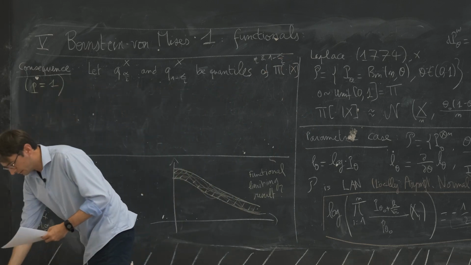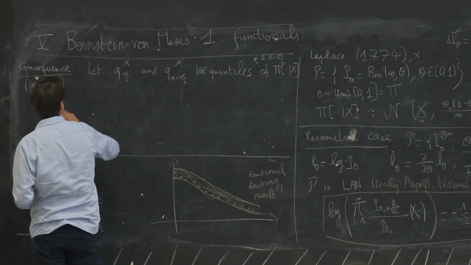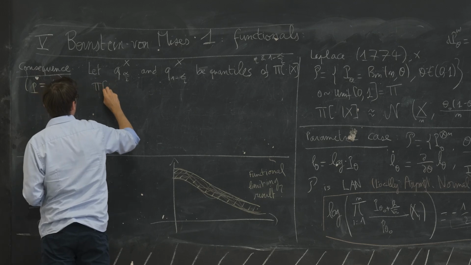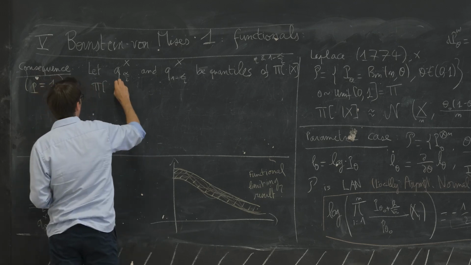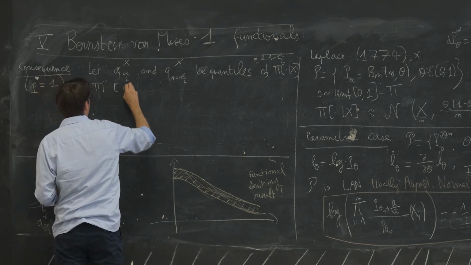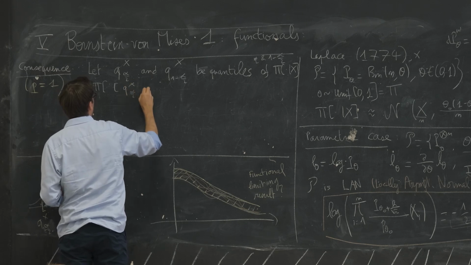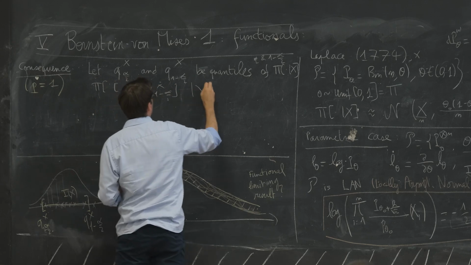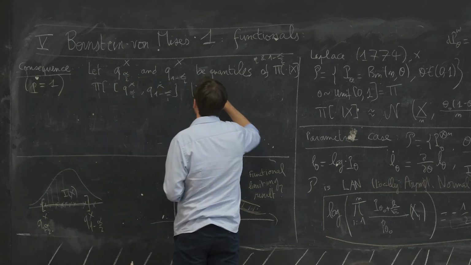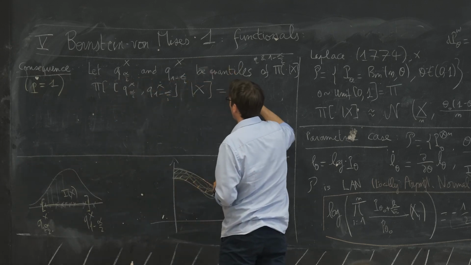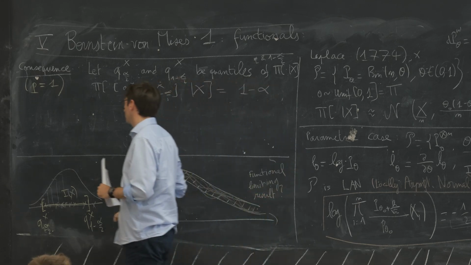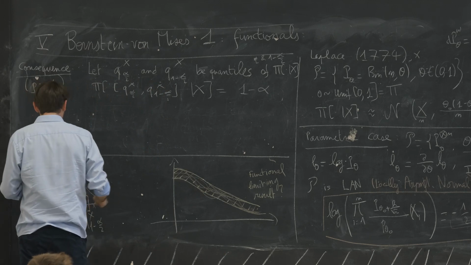Then what you get is that if you have a BVM, in particular, it's a credible interval. Given x, by definition, here I'm assuming it's continuous, you can also take generalized quantiles if you are not continuous, but it doesn't matter much.